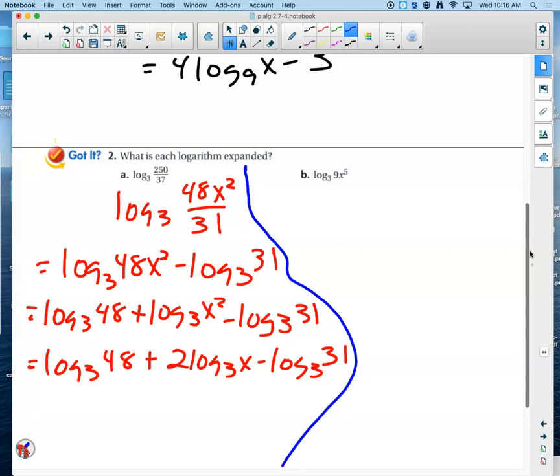Oh, B looks like a fun little problem. Smaller number, but fun little problem. So what do you see? Yeah, multiplication. What do we change that to? What's next? Just the x term, yep.